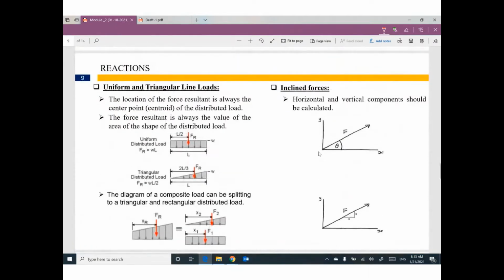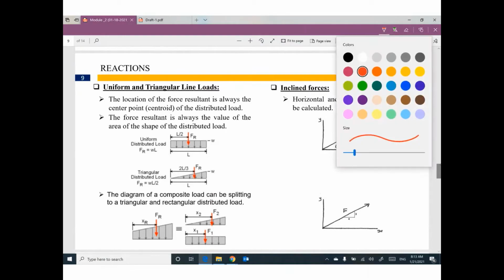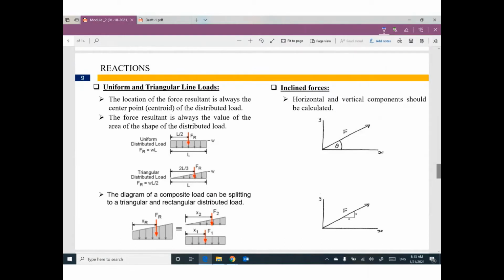Just to remind you of something, if you have an inclined force like this one, and you have this angle given for this force, we can break this force into two components, one horizontal component and one vertical component.